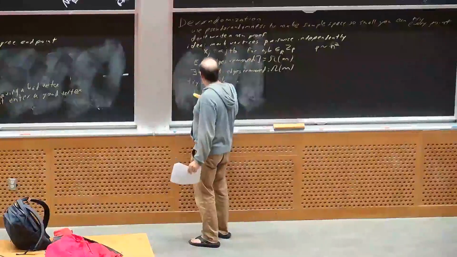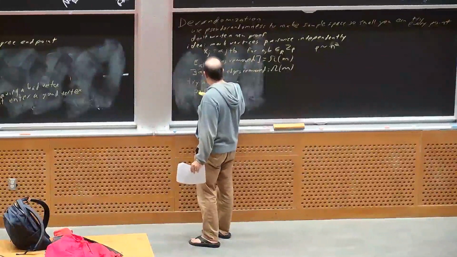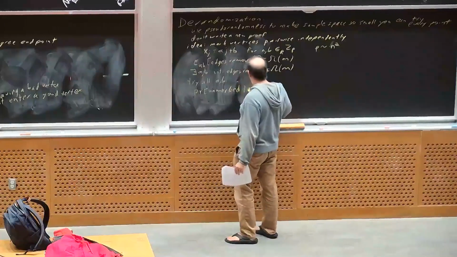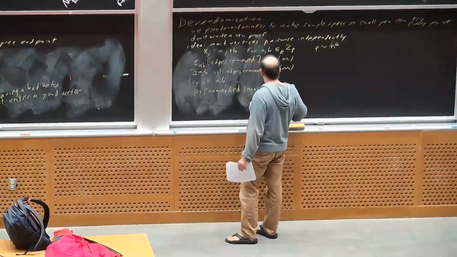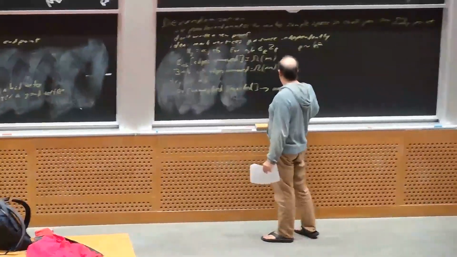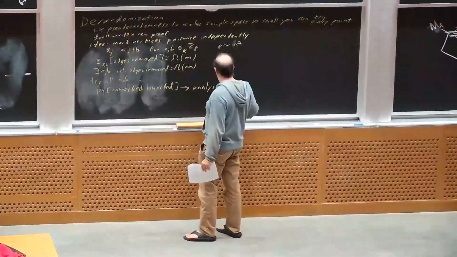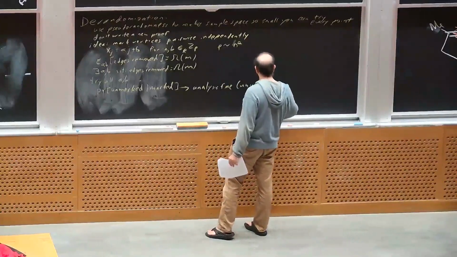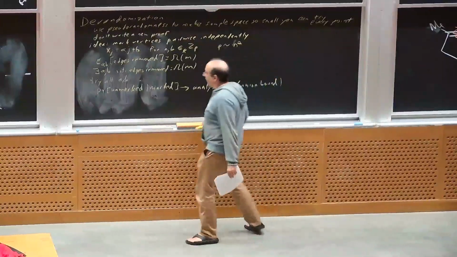So, the probability that we are unmarked, conditioned on marked. The analysis is fine because it depends on union bound. Right?